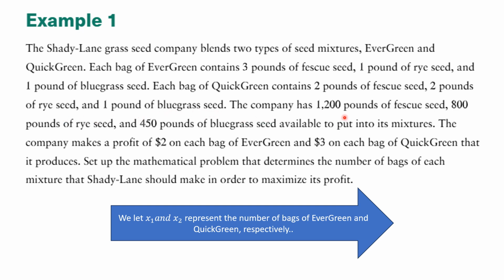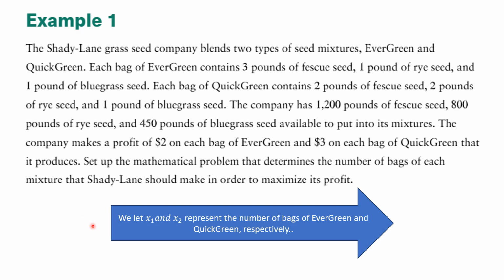The company has in inventory 1,200 pounds of fescue seed, 800 pounds of rye seed, and 450 pounds of bluegrass seed available to put in its mixtures. The company makes a profit of $2 on each bag of evergreen and $3 on each bag of quick green that it produces. Here we're going to set up the mathematical problem that determines the number of bags of each mixture that Shady Lane should make in order to maximize its profit.